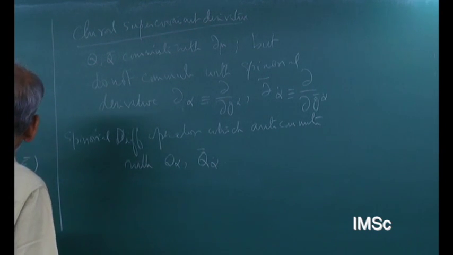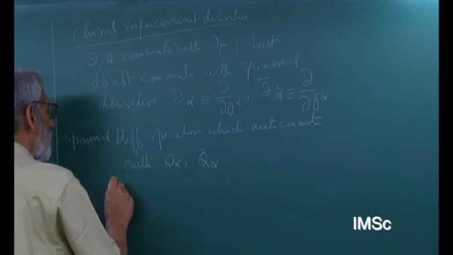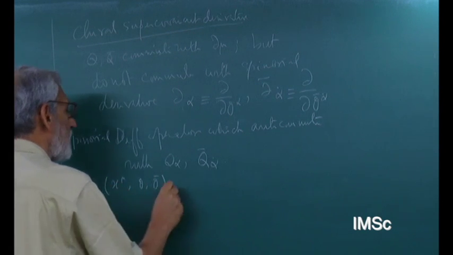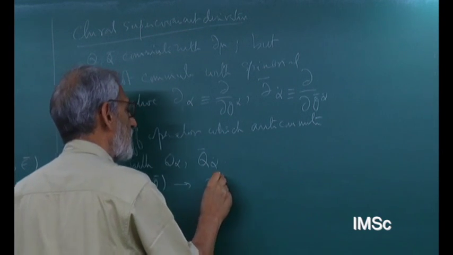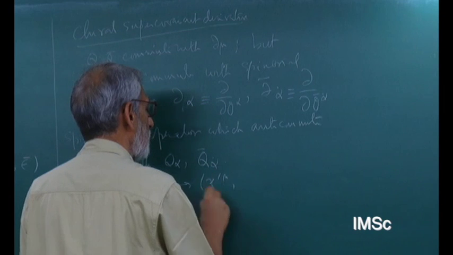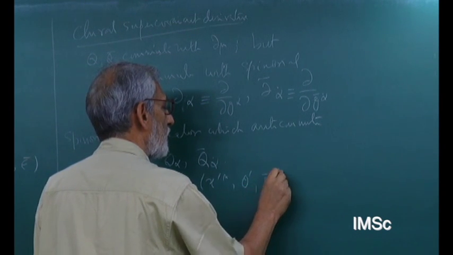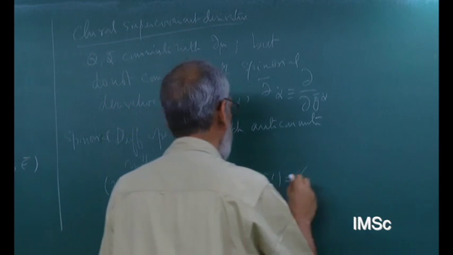Now if I start with the variables x mu, theta, theta bar, under supersymmetry transformations they become x mu prime, theta prime, theta bar prime, which is the same thing I'm writing again.